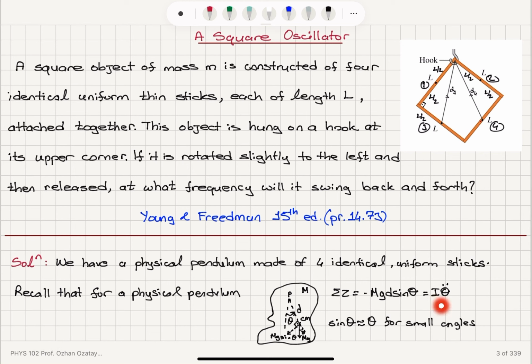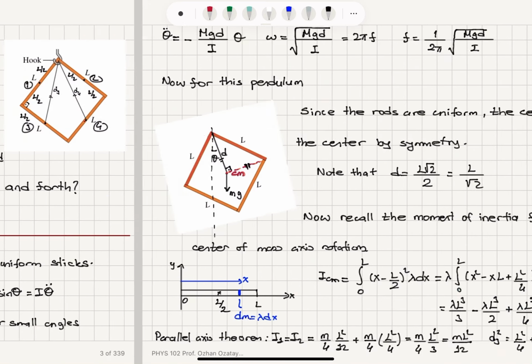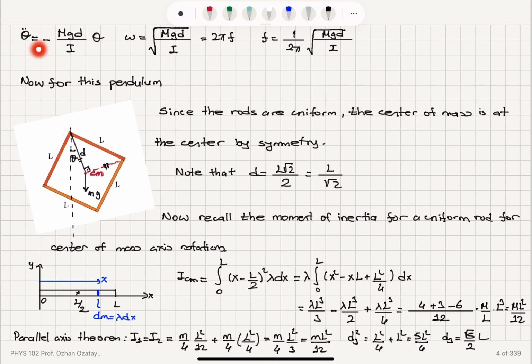Minus mgd sine theta is I alpha, and for small angle sine theta is theta, so we have theta double dot is minus mgd over I theta, which is in the form x double dot is equal to minus omega squared x. That is simple harmonic motion. So I can recognize omega to be square root mgd over I. That's 2 pi times the frequency. So frequency of the small angle oscillation is 1 over 2 pi square root mgd over I.